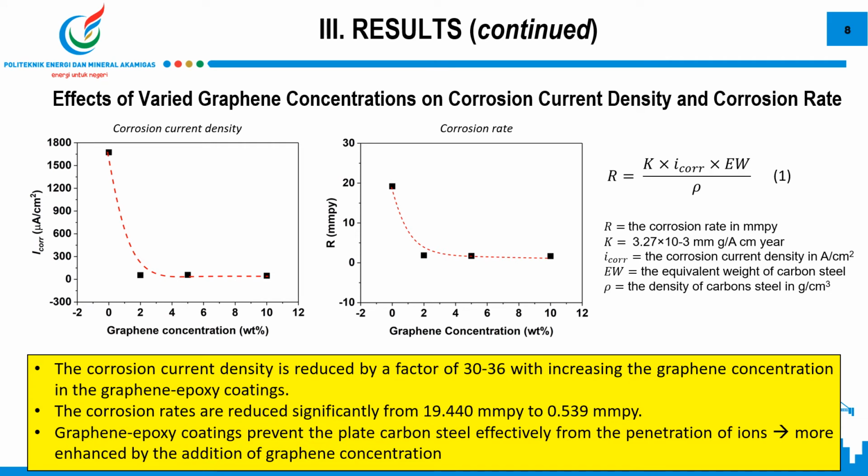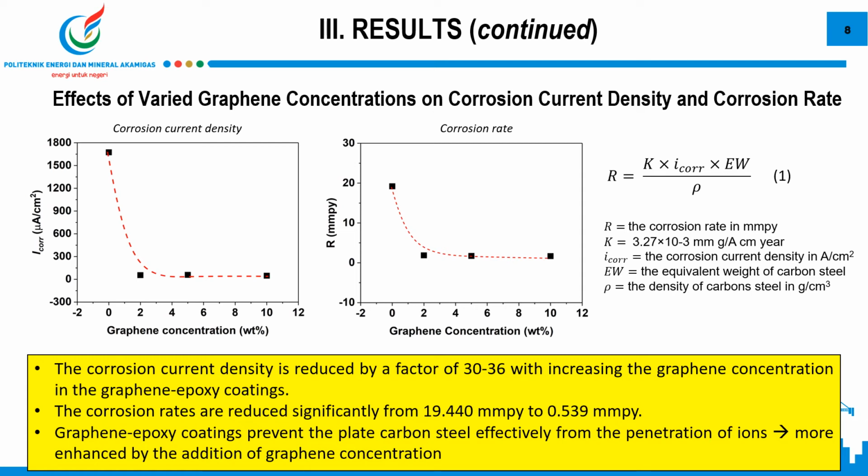On the left in this page, we can see the left picture shows that the corrosion current densities of the uncoated sample is reduced by a factor of 30 to 36 with increasing the graphene concentration in the graphene epoxy coatings from 0 to 2, 5, and 10 weight percent.